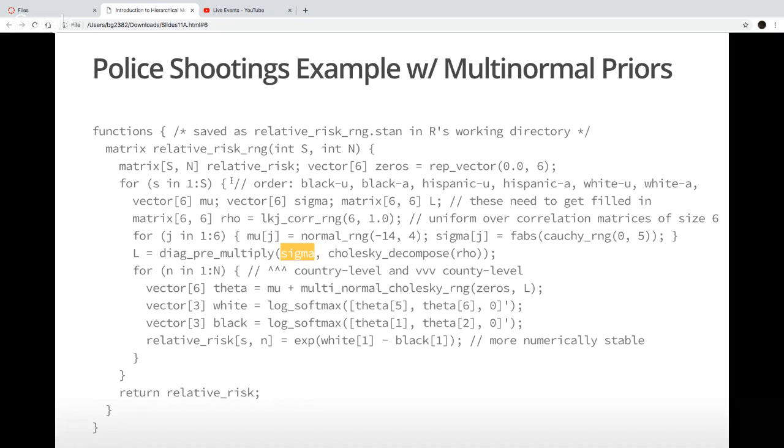And among 3,000 counties, some are going to differ a lot in one way and some are going to differ a lot in another way. Most are going to be pretty close to the national average, but that's a way of thinking about these multi-level or hierarchical priors when there's a very natural grouping to the data.